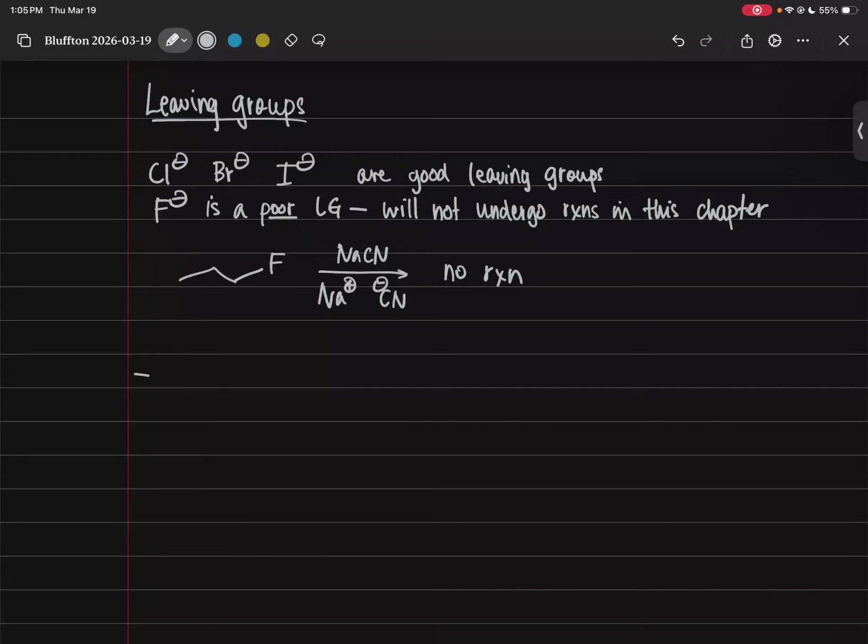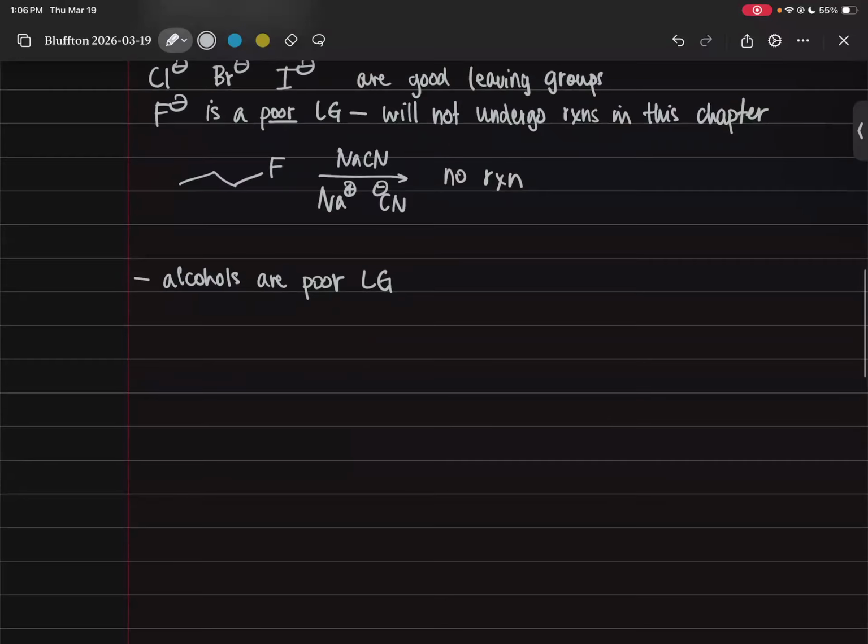I know this chapter is called alkyl halides, mostly because we've just been talking about chlorine, bromine, and iodine leaving groups. But there's other groups that can function like halogens in this particular case. Alcohols are poor leaving groups.